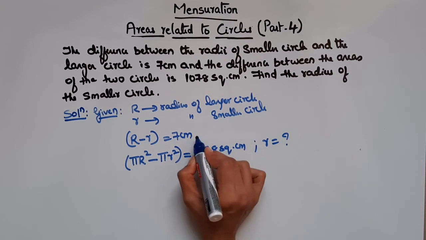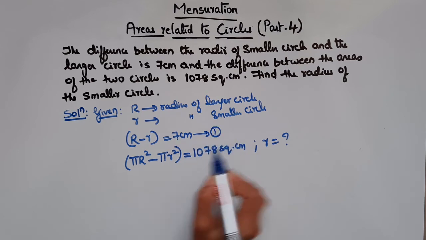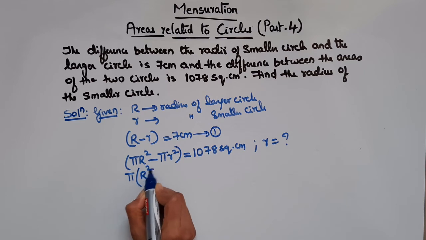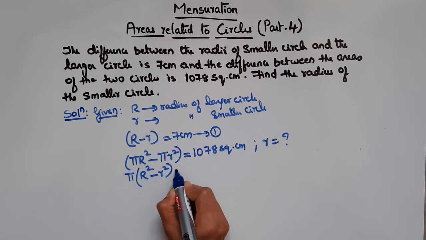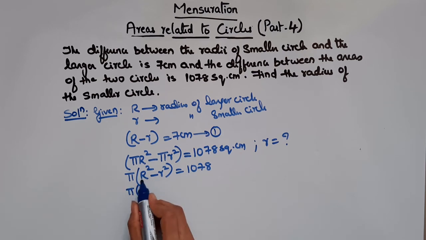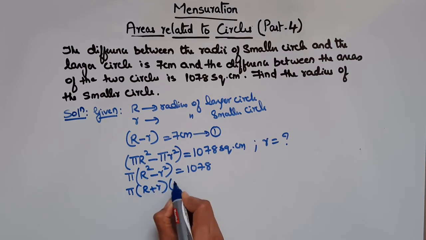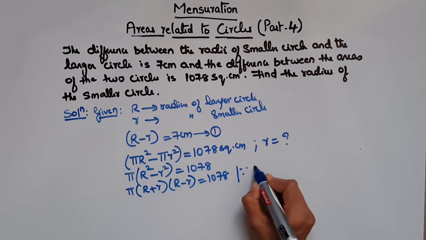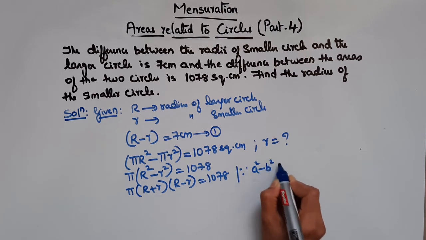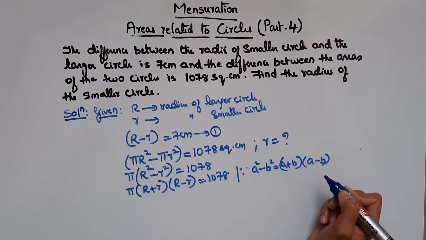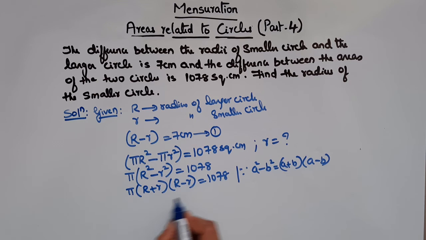So let's take this equation as 1 and let's simplify this. We have pi common, so we will keep that outside. So pi into R square minus r square is equal to 1078. This is of the form a square minus b square. You can write it as a plus b into a minus b, since a square minus b square is equal to a plus b into a minus b. So we already know R minus r is 7 cm.